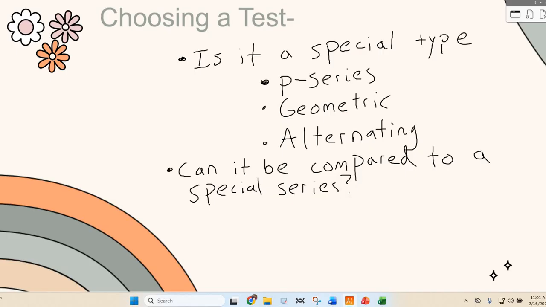And if the answer is yes, then we probably want to look at if I can use my direct comparison.